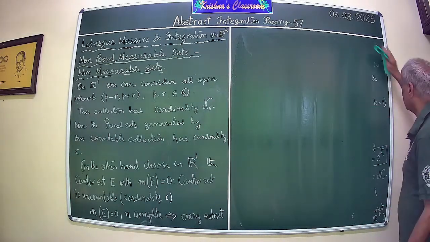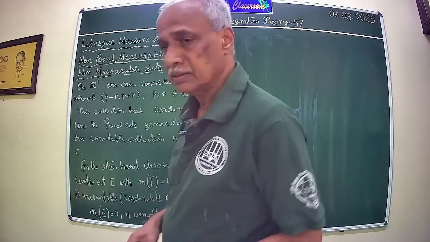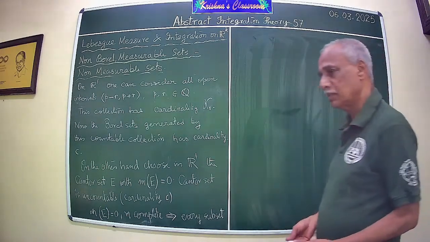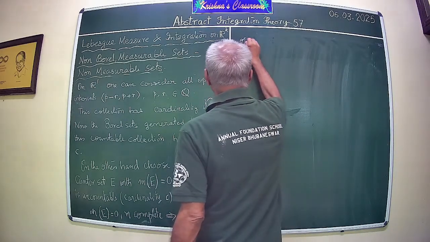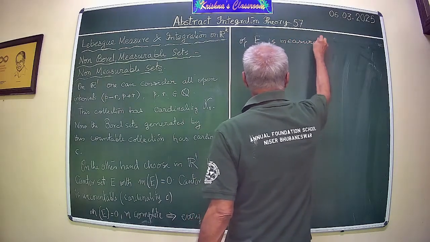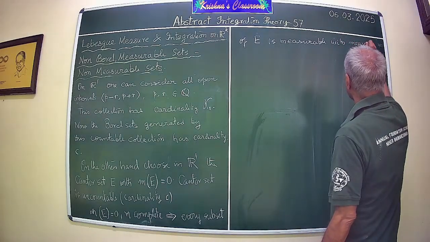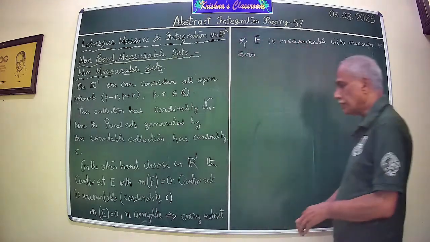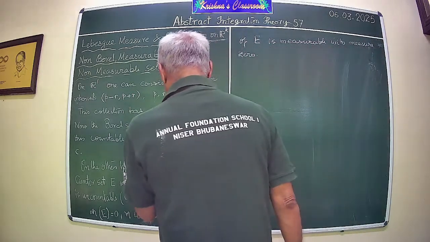Okay, because you know that the subsets of all measurable sets with Lebesgue measure 0 are measurable, and that we have seen earlier. So all subsets of E are measurable. E has cardinality C.